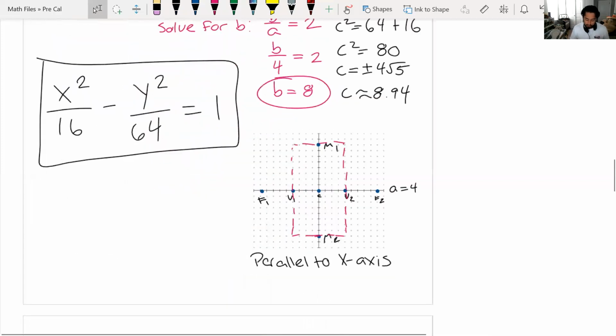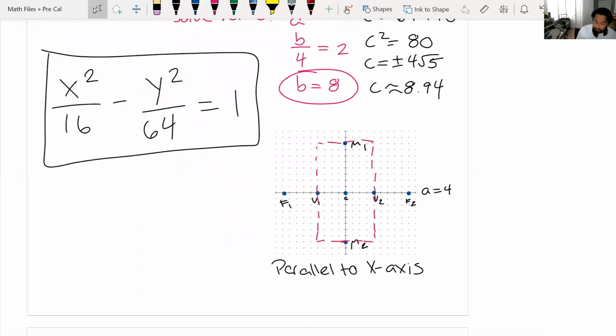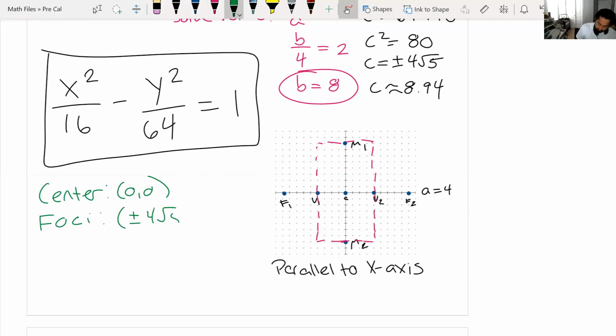Okay, fill in the rest of the pieces and graph it. That's it. So center 0, 0. Foci are at plus or minus 4 square root 5, and 0. Vertices are at plus or minus 4, 0.